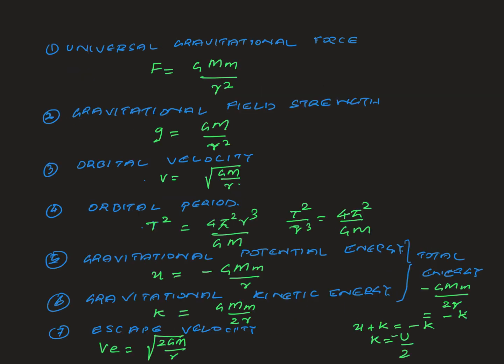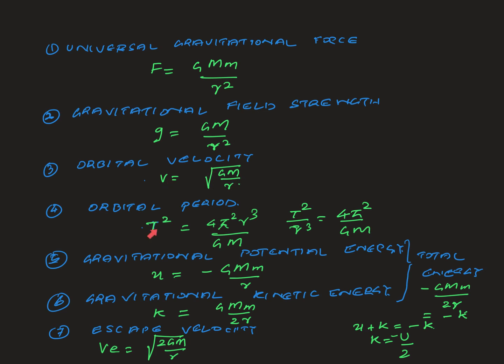So this is a summary of what we have discussed so far. The universal gravitational force is F equals GMm over r squared, and the gravitational field strength we found is GM over r squared, and the orbital velocity is equal to the square root of GM over r.